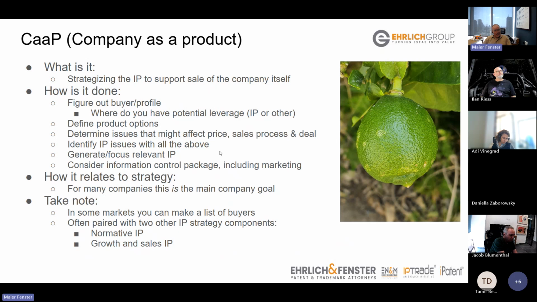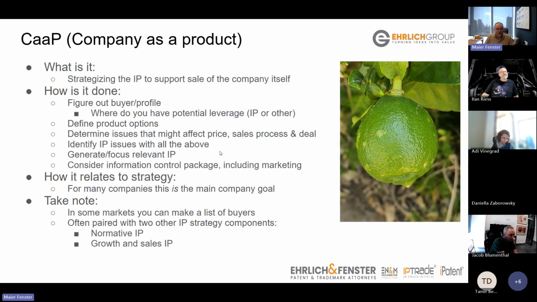CAP, company as a product. What is that? That is when you build a part of the IP strategy, strategizing to support the sale of the company itself. Not everybody needs to do it, not everybody wants to do it, but if you are doing it, it makes sense that your IP be suitable and support this goal. And perhaps one way of doing it is figuring out who this buyer is going to be and what the profile might be.